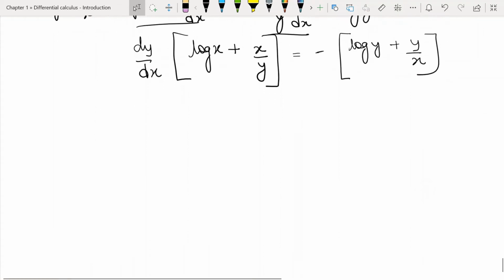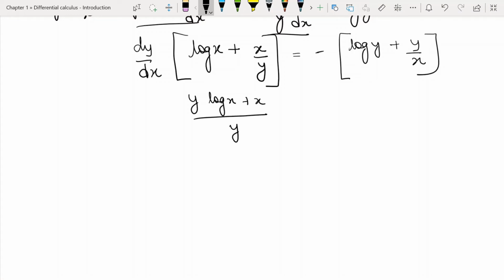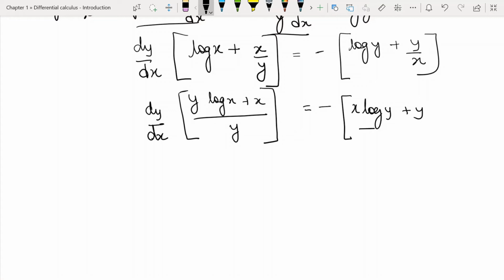Now the next step would be to take LCM. Y log x plus x divided by y, close the bracket, write down dy by dx is equal to minus x log y plus y divided by x, close the bracket.